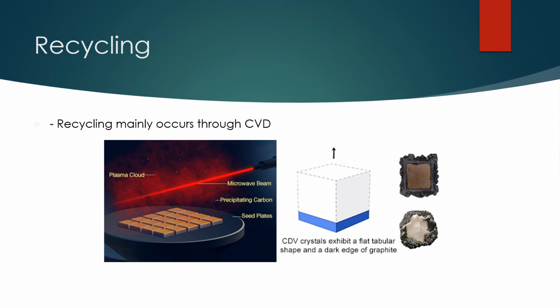They are pure carbon materials. So that thin layer of graphite is cleaned off, and underneath you have newly formed diamonds that you have grown in the lab, which is why the recycling is so high, because they can recycle all these old diamonds that are not useful anymore and use them to grow new diamonds.